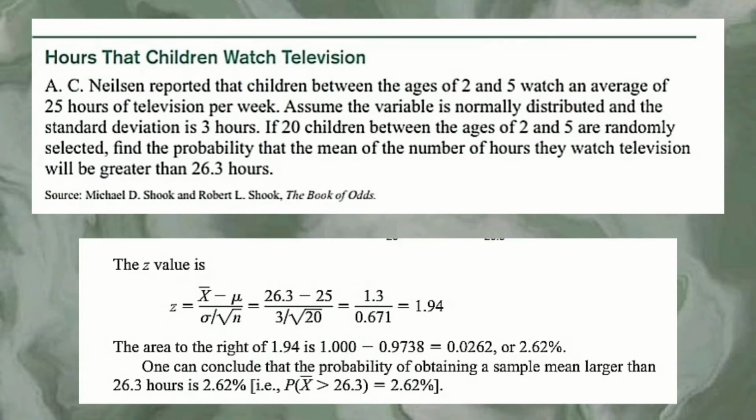The area to the right of 1.94 is 1.00 minus 0.9738, which is equal to 0.0262, and if we convert it to percent, it will be 2.62%. One can conclude that the probability of obtaining a sample mean larger than 26.3 hours is 2.62%.